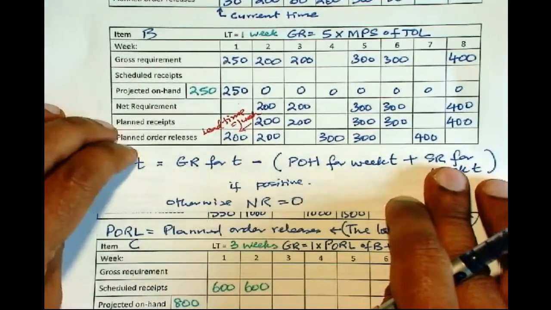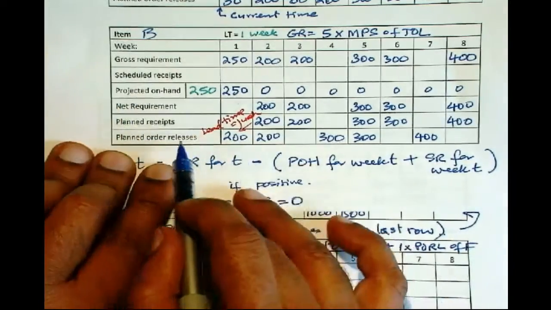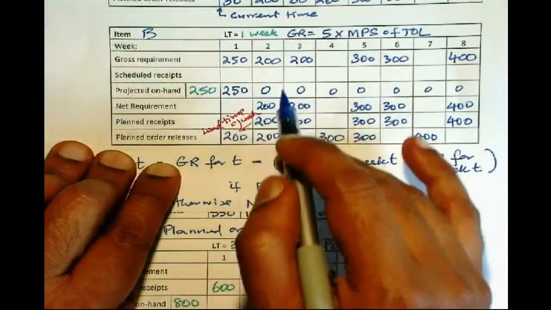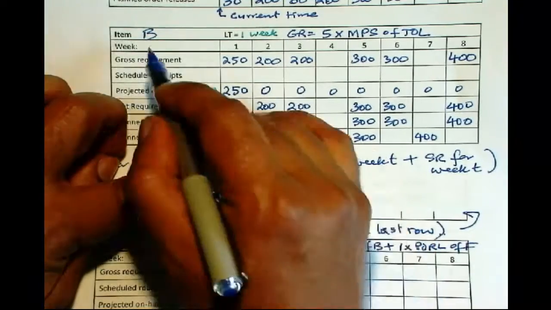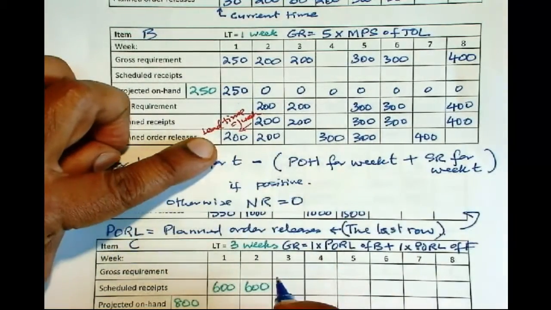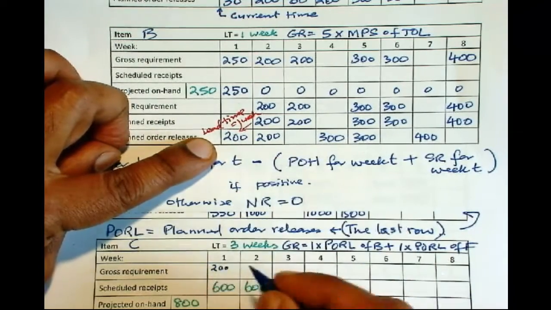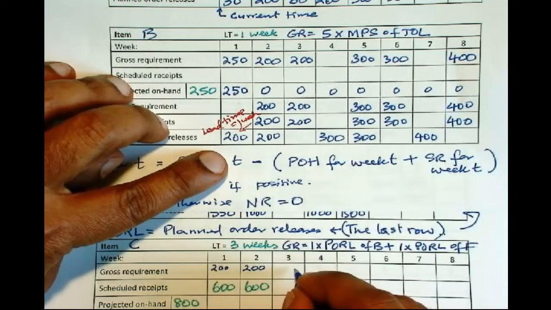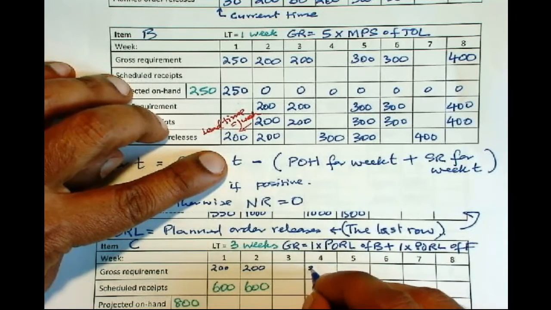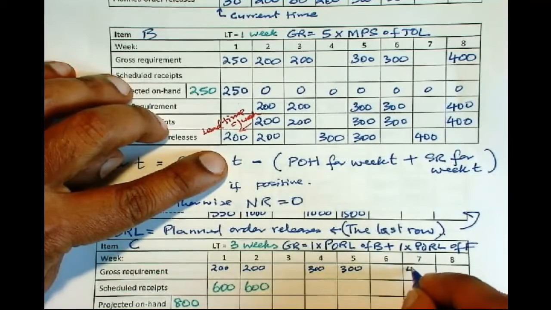So let's look at B first. So here is B. So 1 times the last row. Don't go to the first row. A lot of students make that mistake. The last row is what B's production quantities are going to be. So 200, and then nothing in week 3, 300, and then blank and 400.